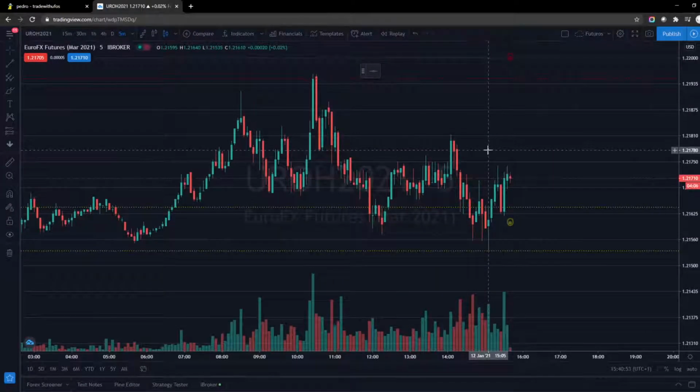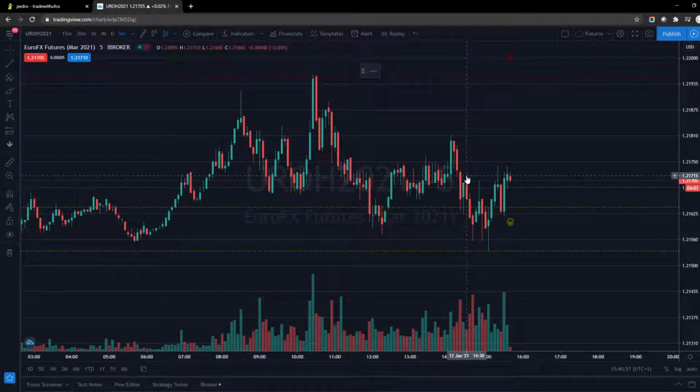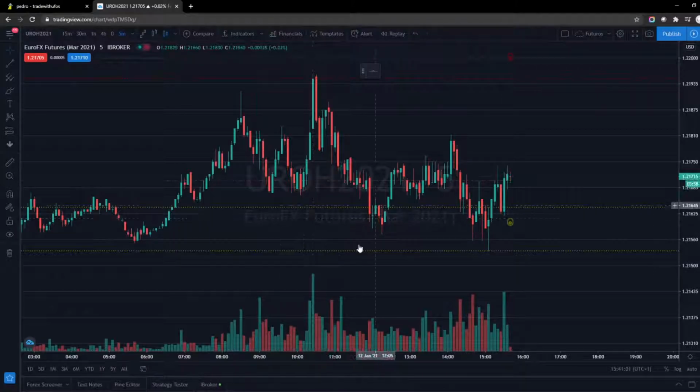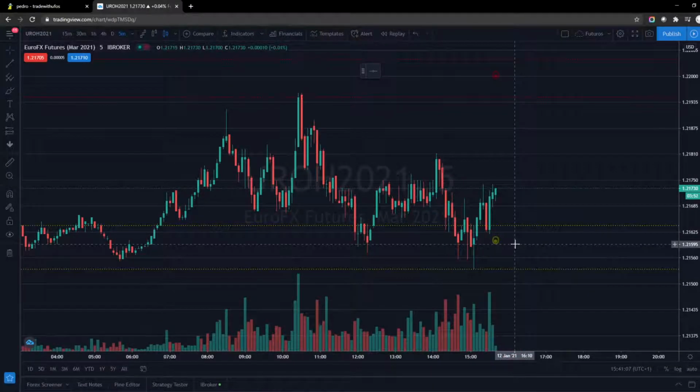But there's science behind this, right? And you can have this data as well, because you can look at an area here, a buy zone or sell zone, and verify that. So you will have more precision, more accuracy.